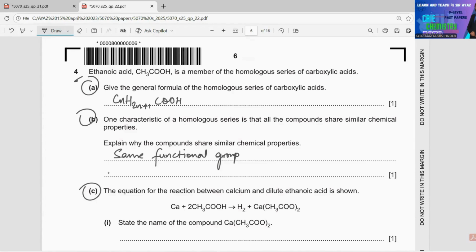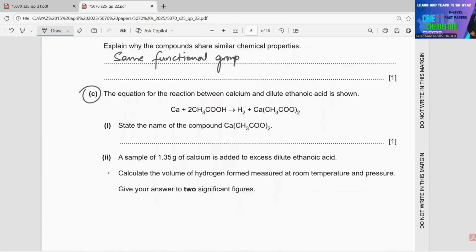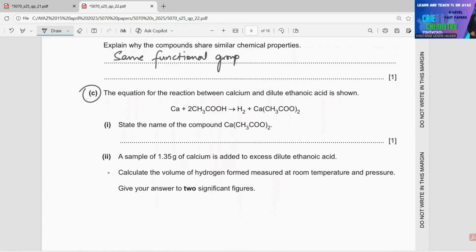Part C. The equation for the reaction between calcium and dilute ethanoic acid is shown. Here is the reaction: Ca plus 2 CH3COOH gives H2 plus Ca(CH3COO)2. 1. State the name of the compound Ca(CH3COO)2. You know, this is a salt of carboxylic acid.